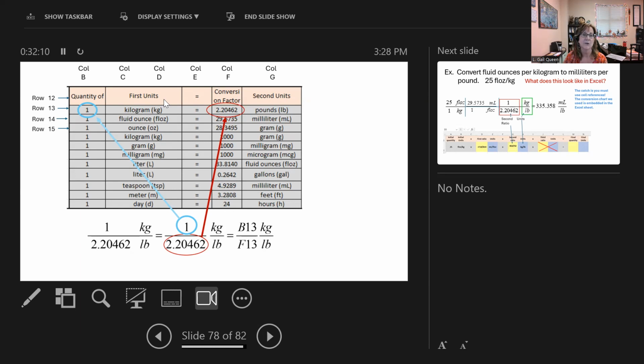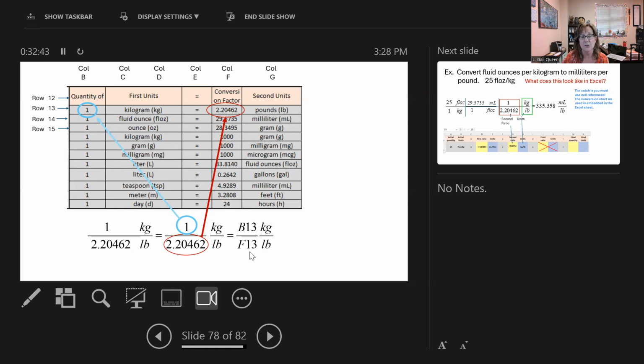And so notice that the numerator 1 came from the cell B13, and the 1 is in the numerator this time. So cell B13 will be in the numerator, and the 2.20462 came from cell F13. So the 2.20462 is in the denominator. So I put the cell F13, where it came from, in the denominator.